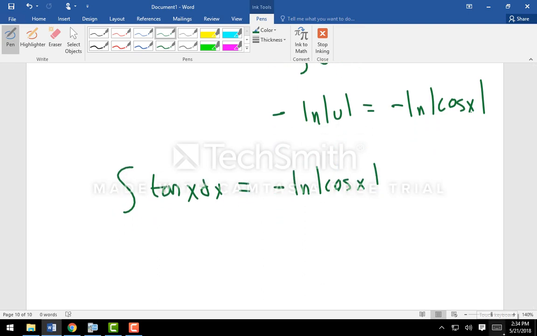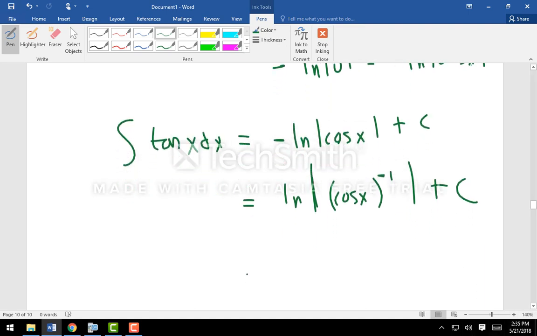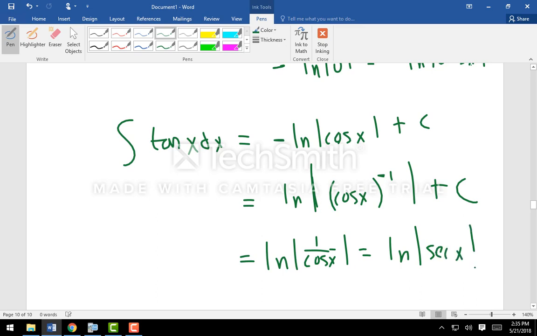So remember, there's a property of logarithms that says anytime I have a coefficient of a logarithm, I can bring that inside as an exponent. So I could bring the -1 exponent inside as an exponent. And then this is the reciprocal. This is 1 over cosine. So I could write this as ln of 1 over cosine. And remember, 1 over cosine is secant. So usually this is the antiderivative that you will see for integral of tangent.